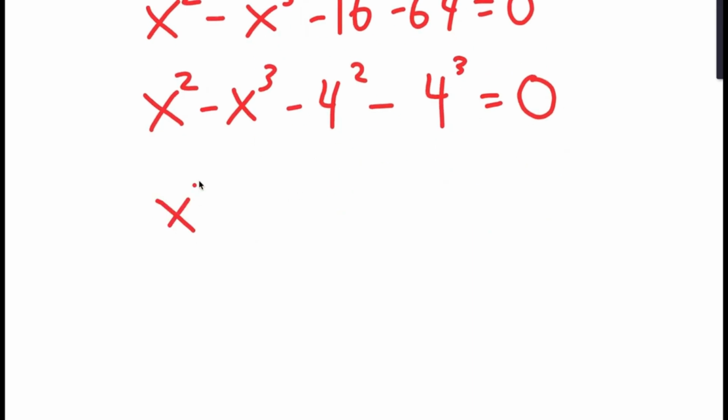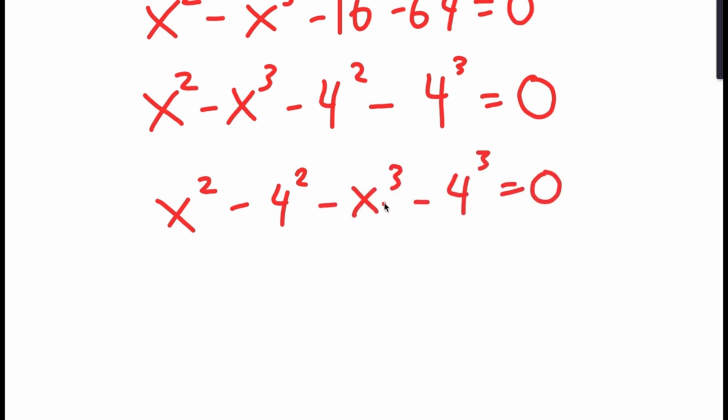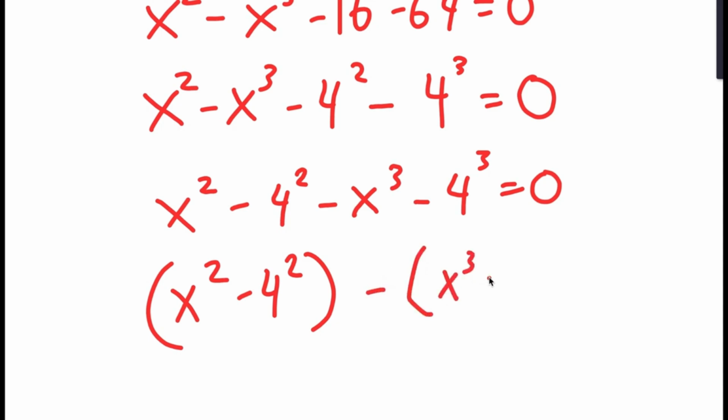And I'm going to group x squared with negative 4 squared, and x to the power of 3 with negative 4 to the power of 3. So I'm going to write this as x squared minus 4 squared, and I'm going to group this minus x to the power of 3 plus 4 to the power of 3. We put this plus because this negative sign distributes.